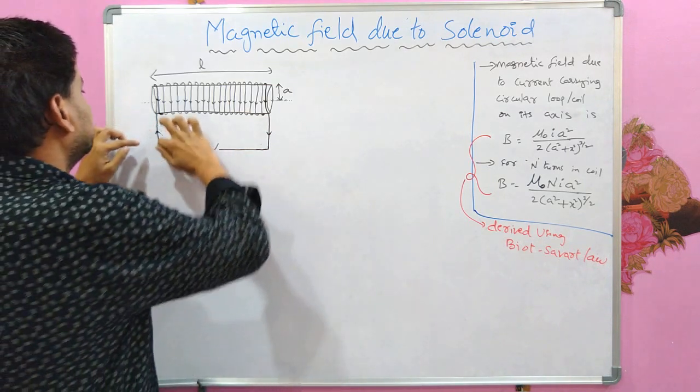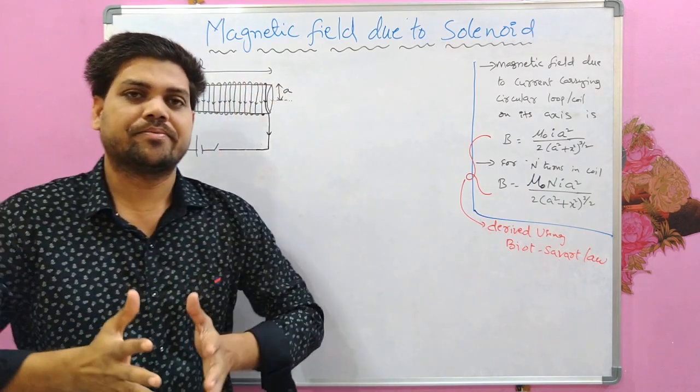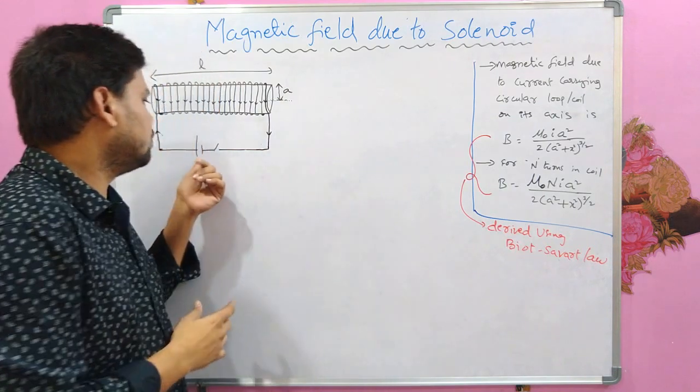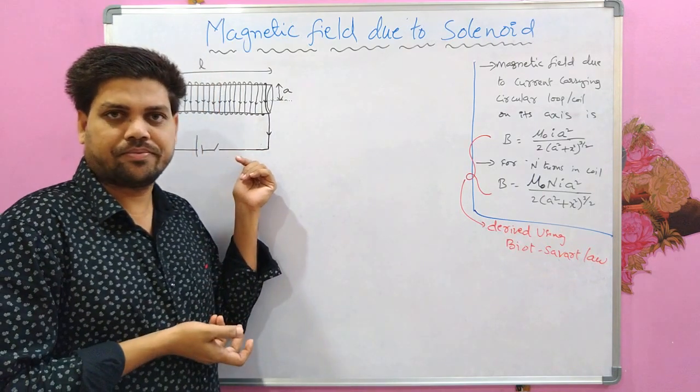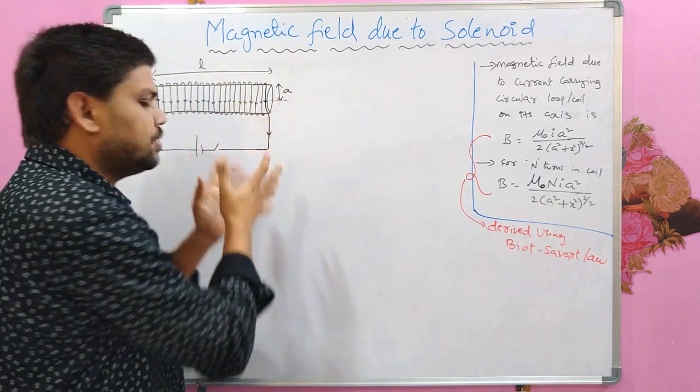Okay, so this is a wire wound like a helix which is connected to a battery with the help of a switch. Right? So why is it connected to a battery?